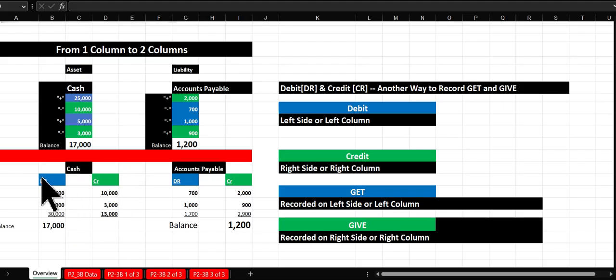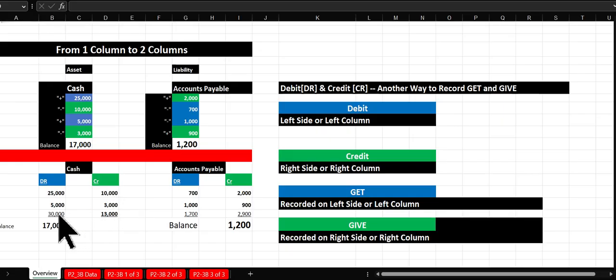Notice also that I do not need to use the plus or minus sign because all the entries on this side are added and all the entries on this side are also added. The balance now in the account is the difference between the two columns, the debit column and the credit column.